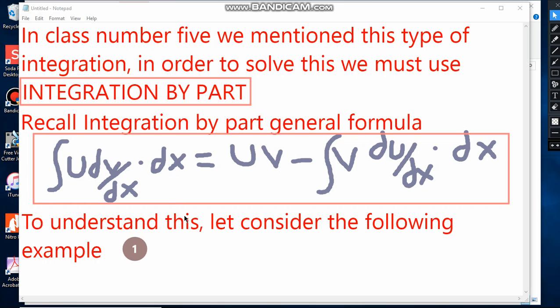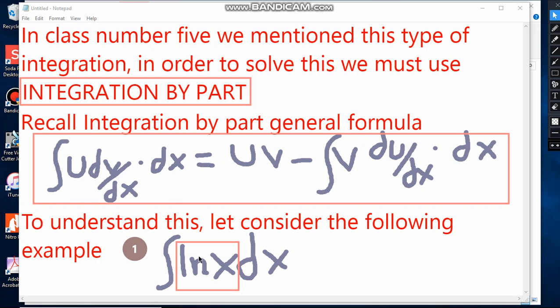To understand this scenario, let's consider an example. Example number 1: integrate ln of x dx. In this example, is ln of x u or dv/dx? We don't yet know whether u is ln of x or dv/dx is ln of x.